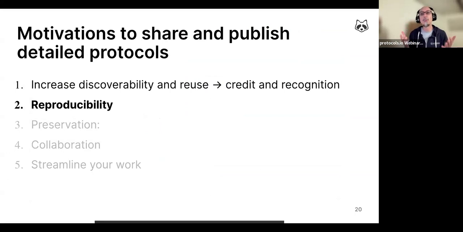And an obvious second reward for publishing methods is the increase in reproducibility, not only in the field, but also internally, in the work that you do in your own laboratory or research group.